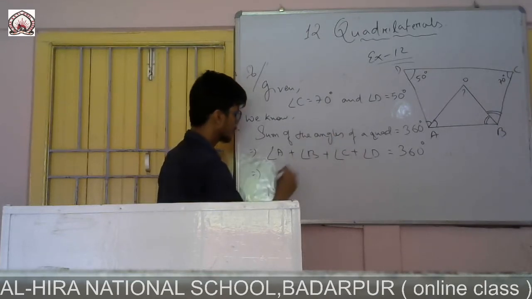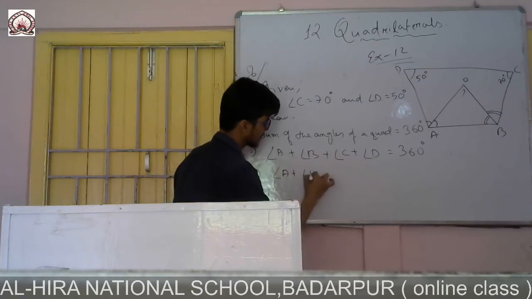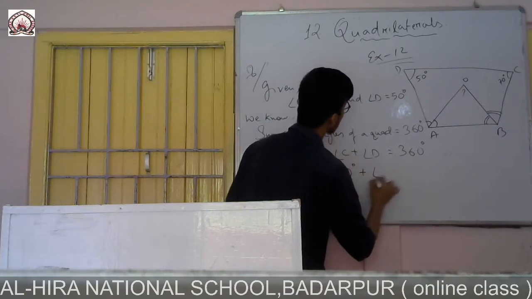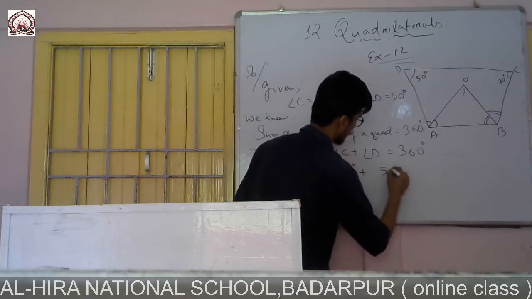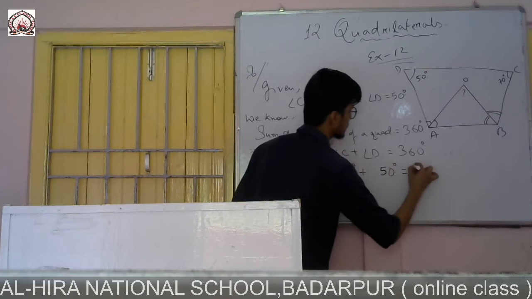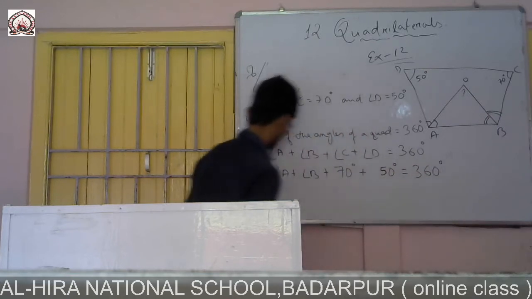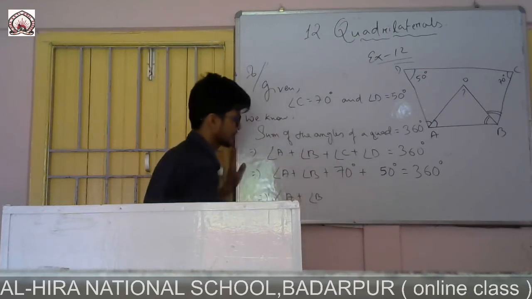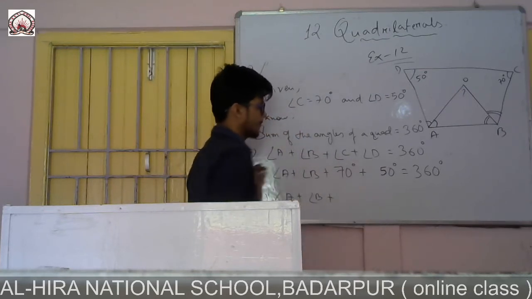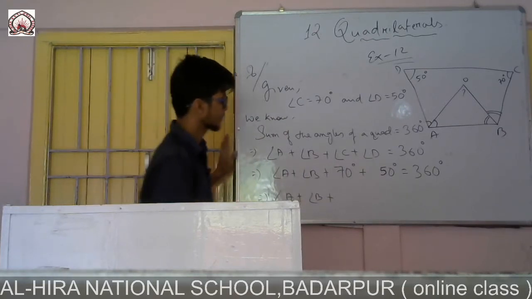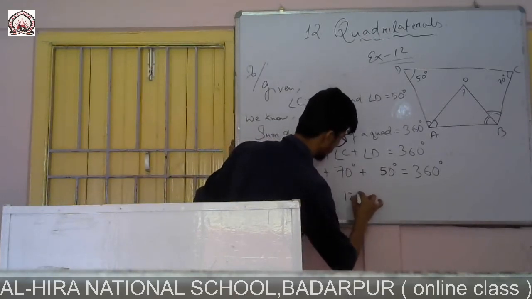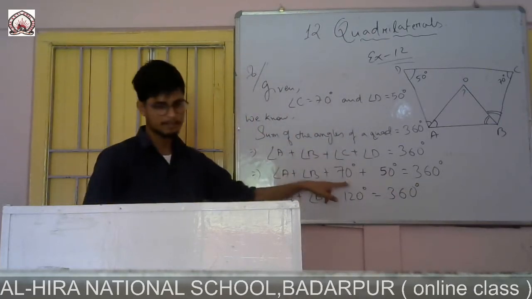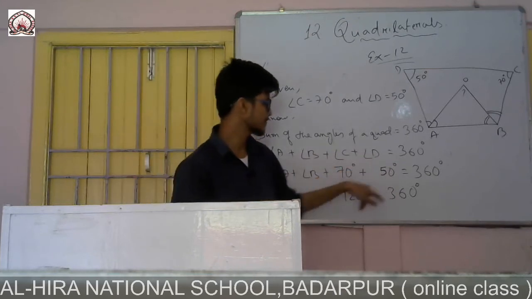Angles A and B we don't know the value, so simply we write angle A plus angle B, and C is 70 degrees and D is 50 degrees, which is equal to 360 degrees. Angle A plus angle B, you write the same, and you add these two, 50 plus 70, it is 120 degrees.